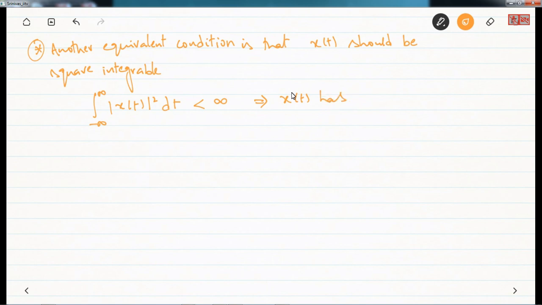And okay, so what is this integral? Integral minus infinity to plus infinity modulus of x of t whole square dt. So this is nothing but the energy of the signal x of t, right? So when a signal x of t is square integrable, that means it has finite energy.